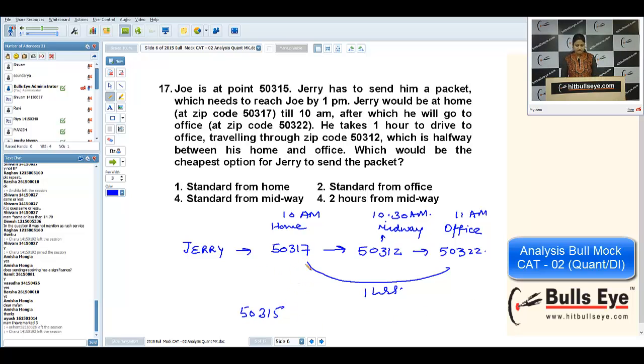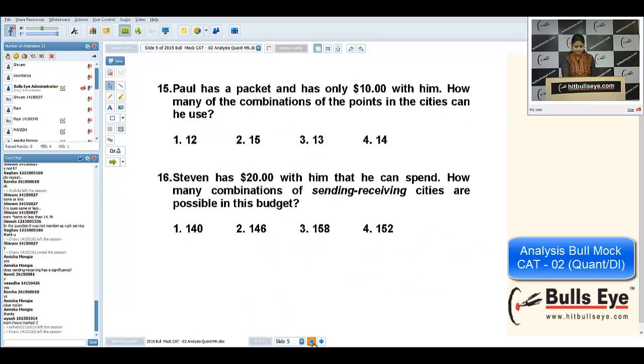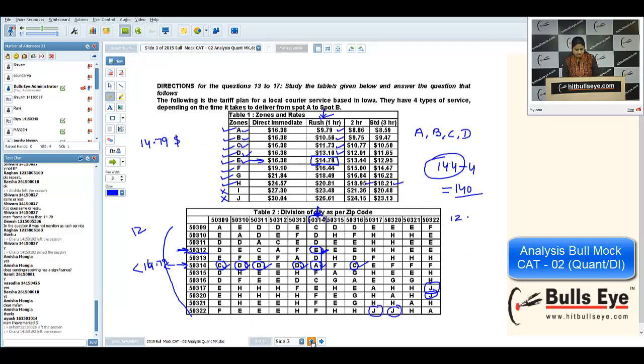I am explaining only one option. For example, if I take the first option, standard from home, 53:17. Jerry wants to send a packet from 53:17 to 53:15.